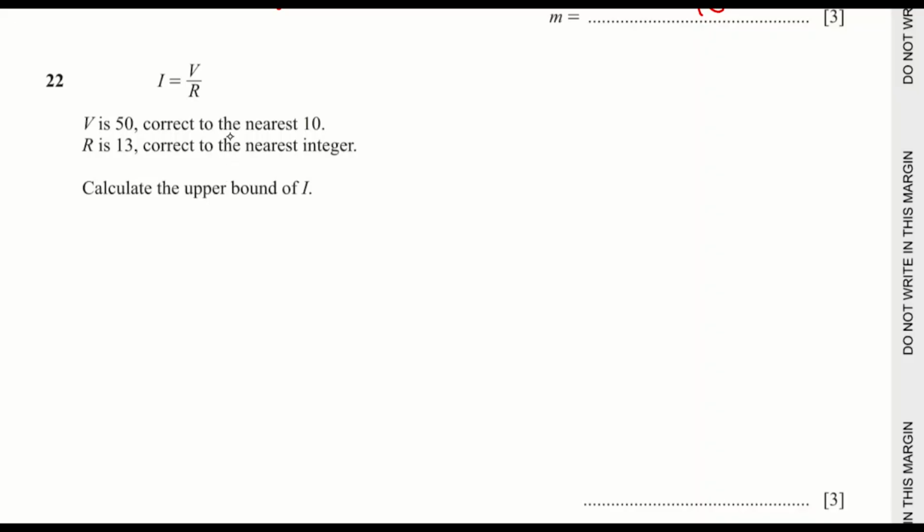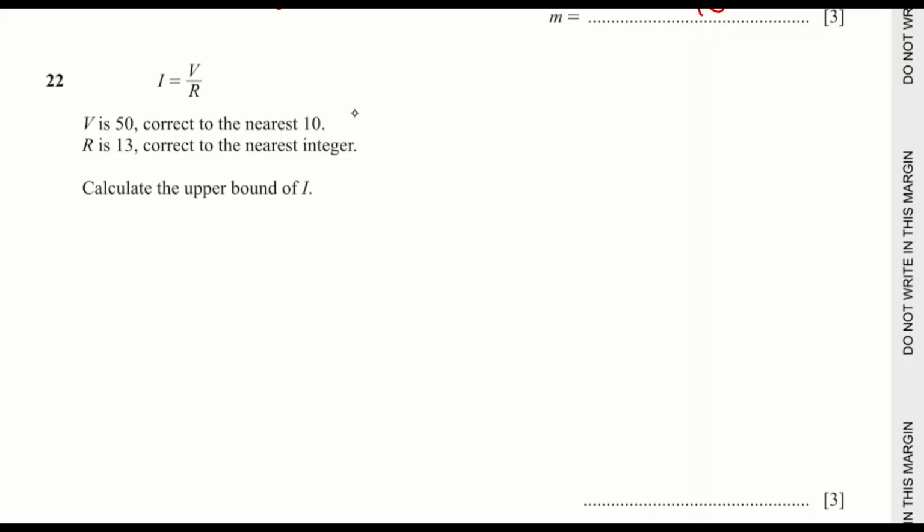Okay, before we start the solution here, you need to know this. When you want to write a formula for either the lower bound or upper bound of a division, you have to take note of something.